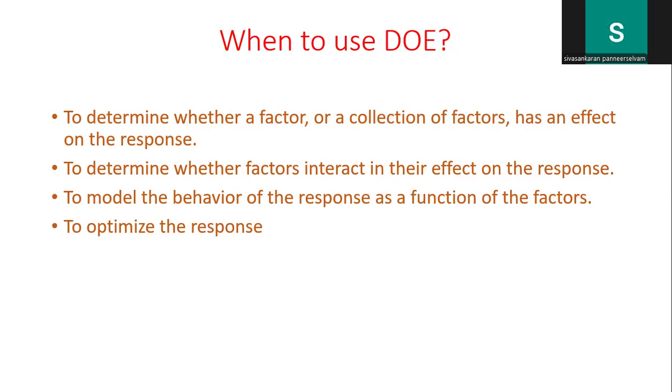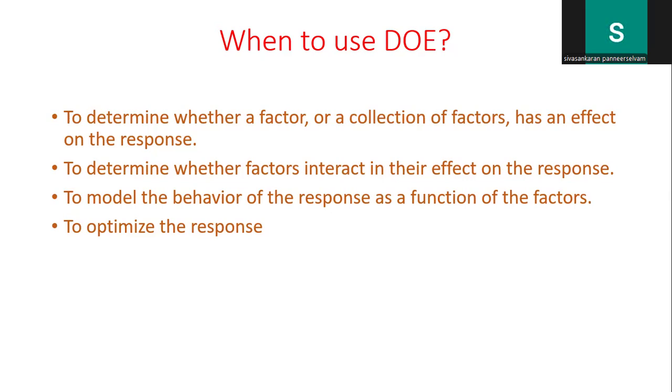Under what situations is the researcher supposed to use design of experiments? Say you want to find out whether a factor, or a group of factors, has a significant difference or not. In that case, DOE is used. Say you are going to perform an experimental design with two or more factors.